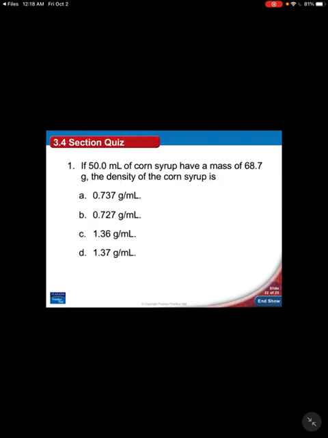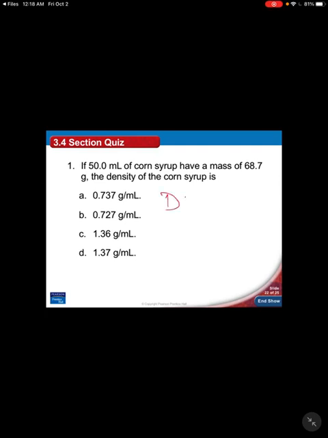So, just quickly, some sample test questions. If you have 50 milliliters of corn syrup and it has a mass of 68 grams, if you want to solve for the density, all you would do is divide.